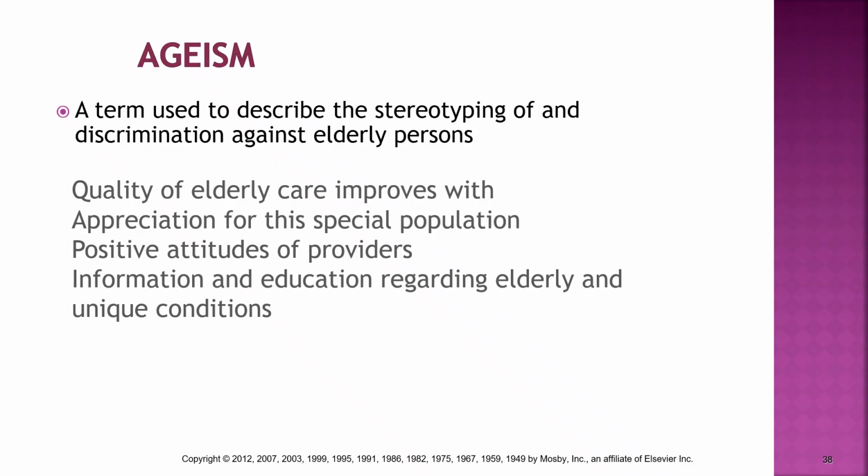And we do a terrible job as Americans. The Japanese embarrass the rest of the world with how well they treat their elderly. It's amazing. Okay. Ageism is discrimination against the elderly. Okay.